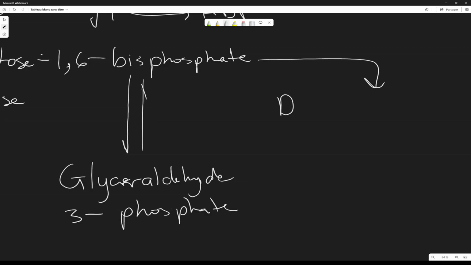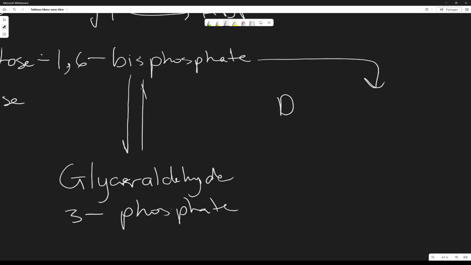And that is a phosphate: dihydroxyacetone phosphate. Now what we have to realize is that within this reaction, we actually have to use glyceraldehyde 3-phosphate.